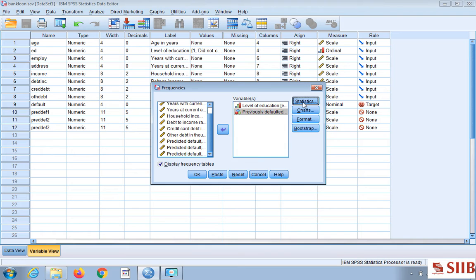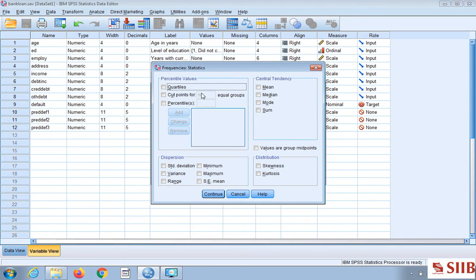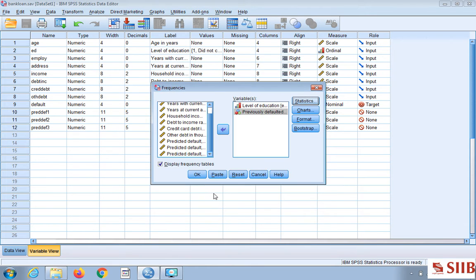If you click statistics, you will get more options, right? Percentile, cut points, quartiles, etc. I'm not going to deal with those now; simply, only the frequency table is meant for these calculations. So click OK.